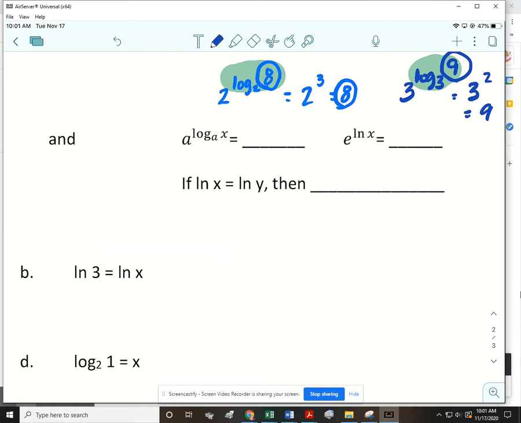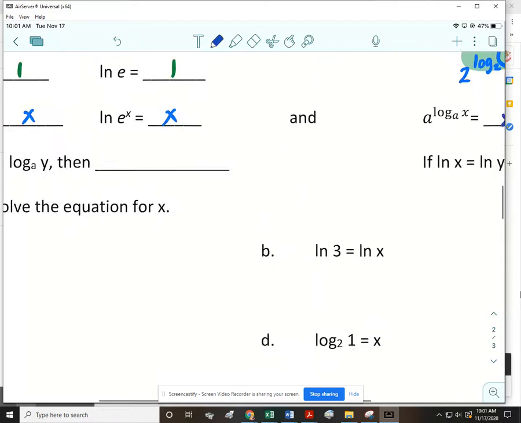So we ended up with that again. So what happens is a to the log base a cancels out, and you're just left with x. And the same thing happens on the e. e to the natural log of x is just going to be x. And we'll use that a lot when we start solving equations, but that won't be until after Thanksgiving.